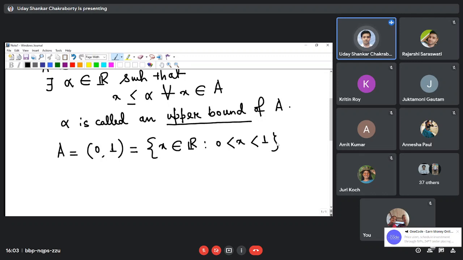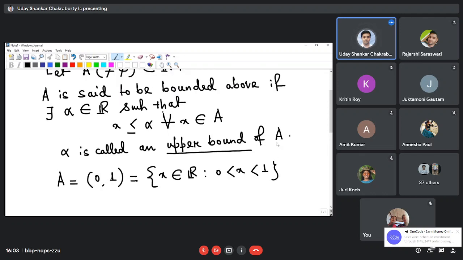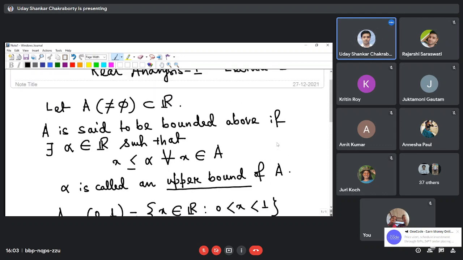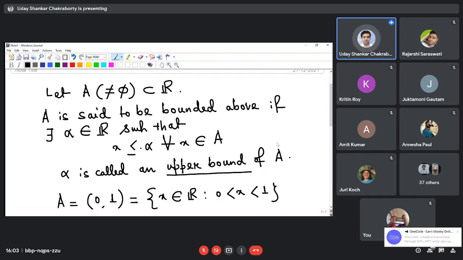Now, assume that you don't know anything. Simply, you know what the set of real numbers is, what a non-empty set is, and what less than, greater than, etc. mean. These are the things we assume you to know.